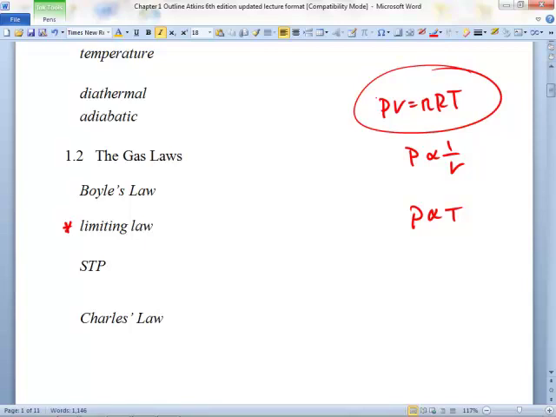Really high or really low? Really low, because if it's a really low pressure, are they going to be colliding with one another? No. So it's acting more ideally. How about temperature? With really low temperature, they're going to start interacting. So the answer must be really high temperature. You want the opposite extreme. You don't want condensation going on there.